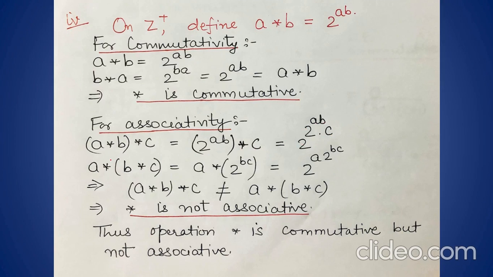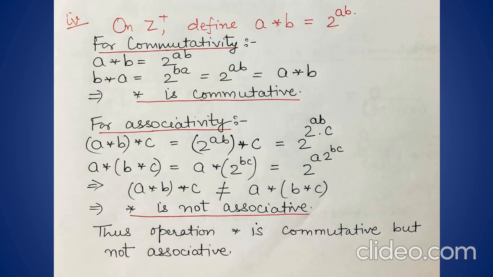Now A star bracket B star C, let us see this now. That is equal to A star, and the value of B star C will be 2 to the power product of B and C. Now here first element is A and second is 2 to the power BC.